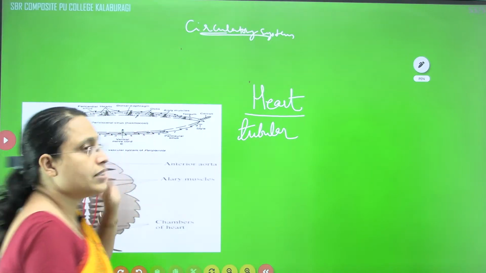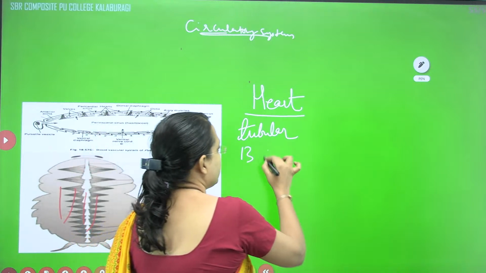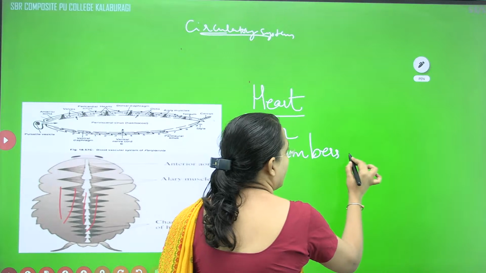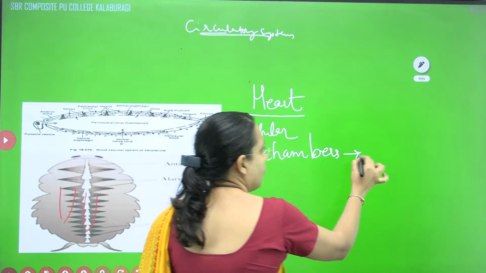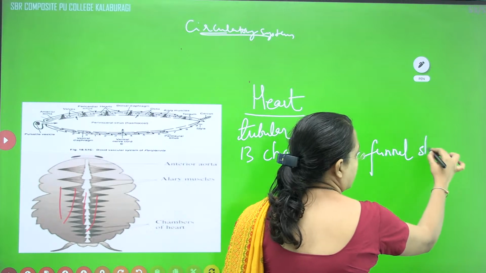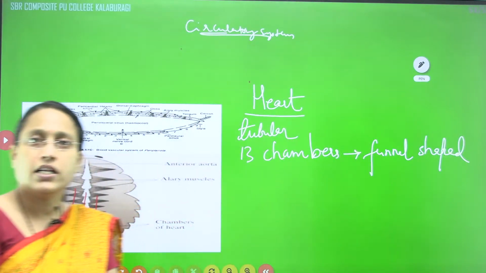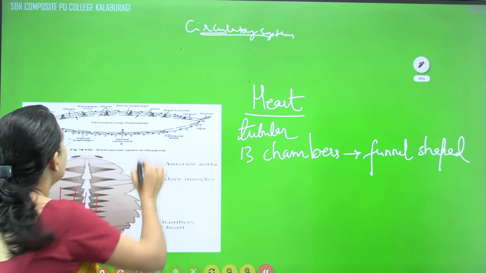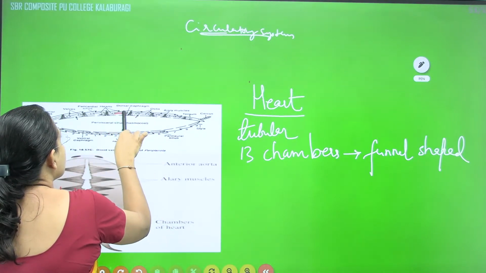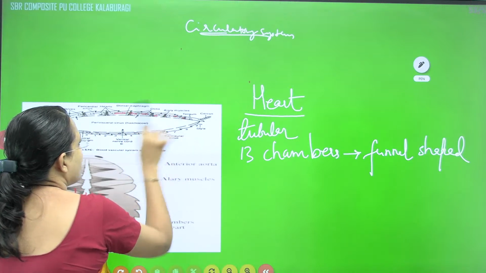The entire heart of the cockroach will have 13 chambers. These chambers are funnel shaped. Here you can see the funnel shaped chambers.